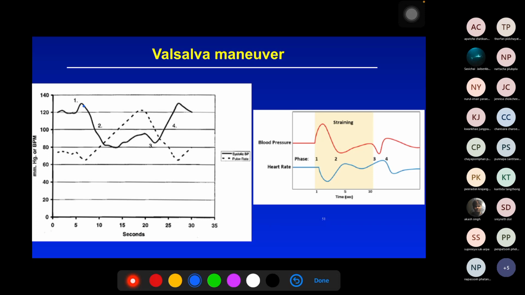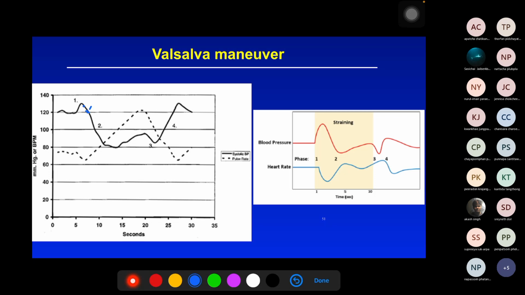The full line is the pressure, and the dashed line represents the heart rate. When you start the Valsalva maneuver, in the first phase, you force expiration without the air flowing out from the lung.